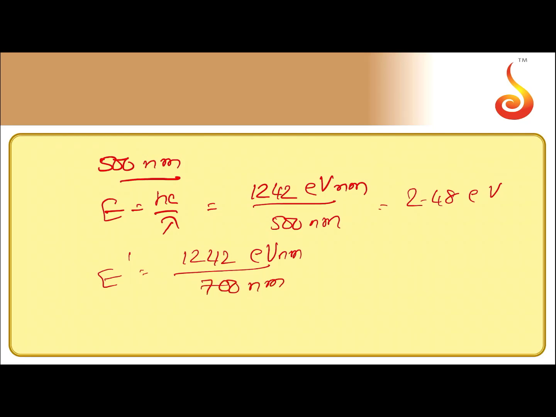So how much is that? This is equal to 1.77 electron volts. You know, the energy difference between the states involved in the transition therefore should be from 1.77 electron volts to 2.48 electron volts.